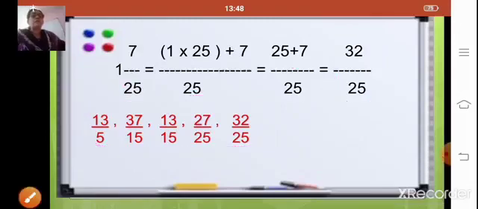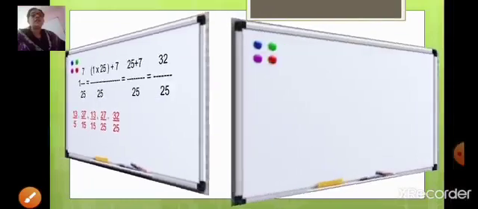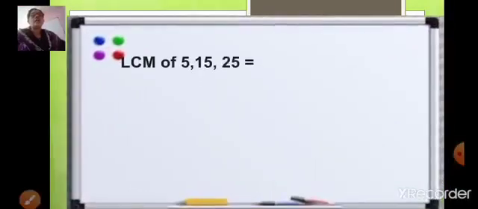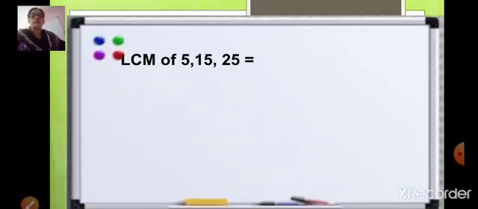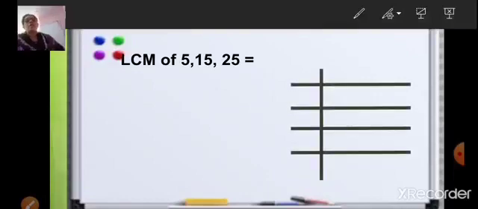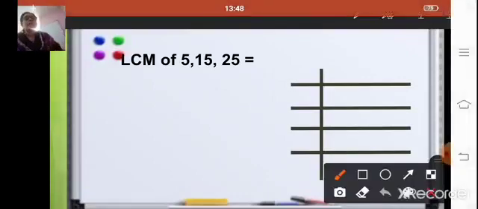So let us take the LCM of 5, 15 and 25. I'll write the numbers here: 5, 15 and 25.